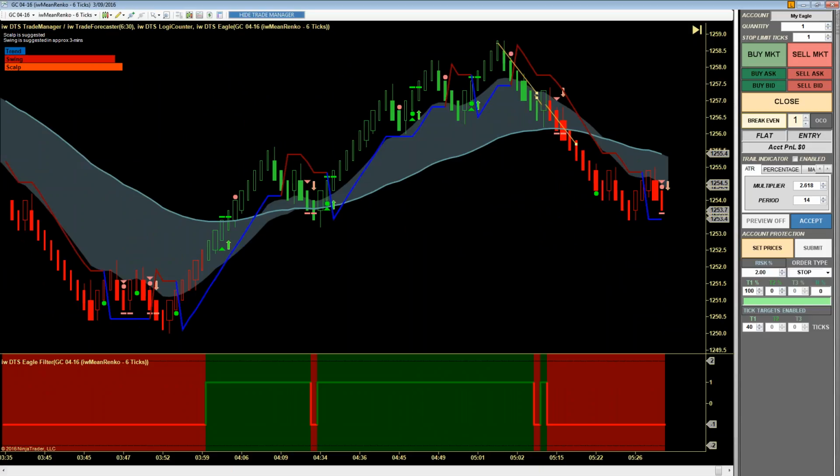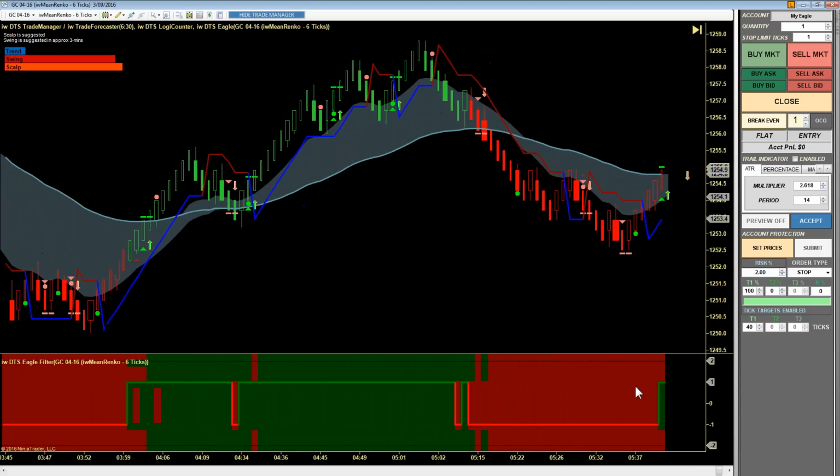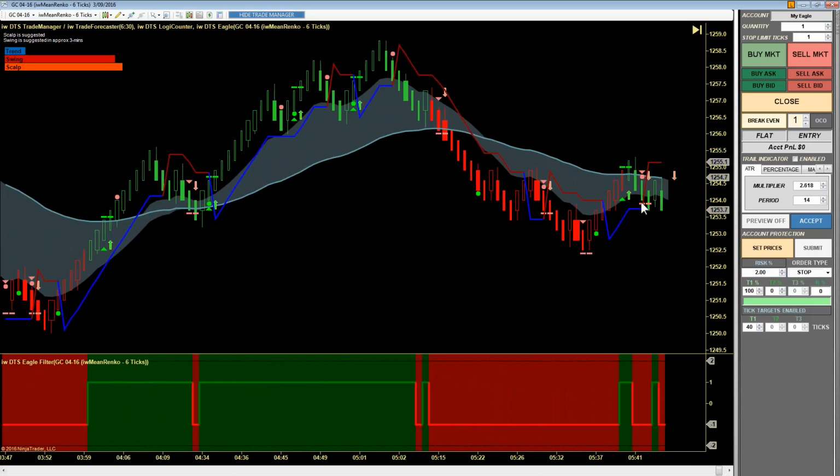Ideally, we want to see this retest, right? We want to see that retest of the high end, then the signal print. We didn't get that, so I would not have taken the signal right out of the open, but a few minutes later, we get this nice green bar sell. Now the green bar sell, very high probability signal with the Eagle.